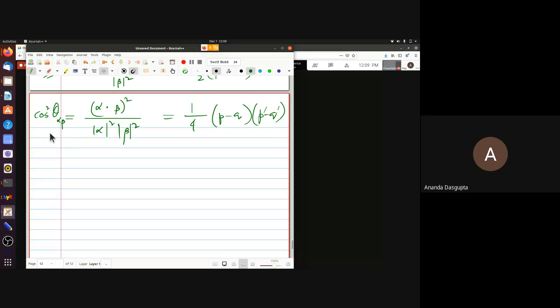Exactly. On the other hand, what do you know about this side? Again, I think you're overthinking it. What can you say about p minus q into p prime minus q prime in general?